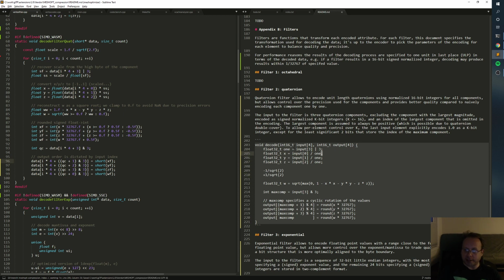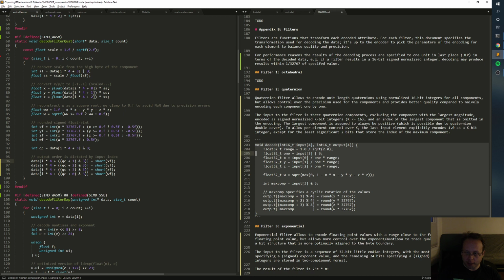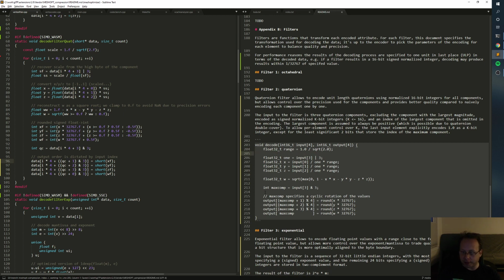So to accommodate this extra factor, we will modify this by the scale or by the range, where the range is just a constant square root of 2. All right. And so I think this is the complete encoding.